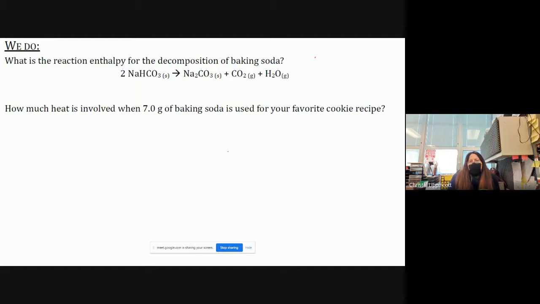NaHCO3. I'm not finding it. You guys are rapid. What is that? Hold on. Oh, I found it. It's under sodium. There are 2 questions here, by the way. Negative 11, 30.